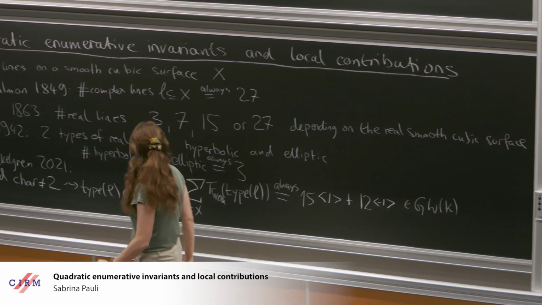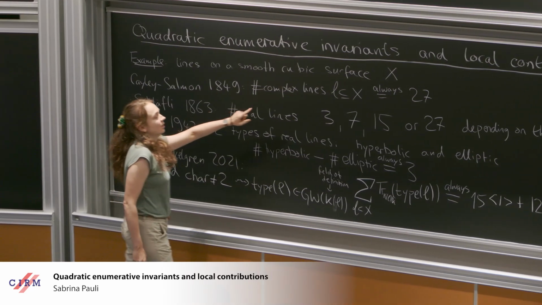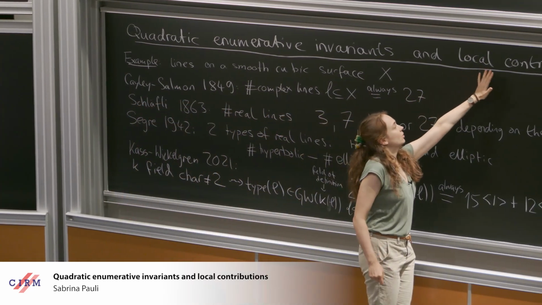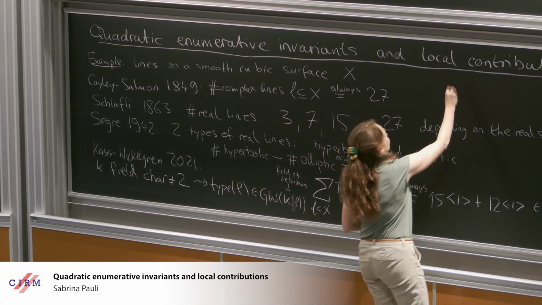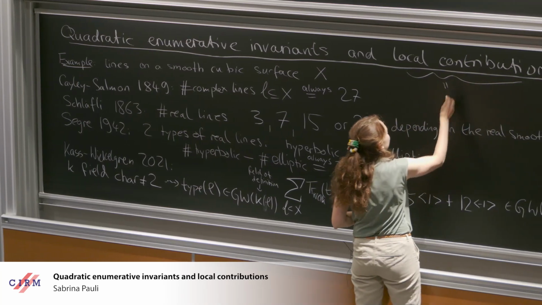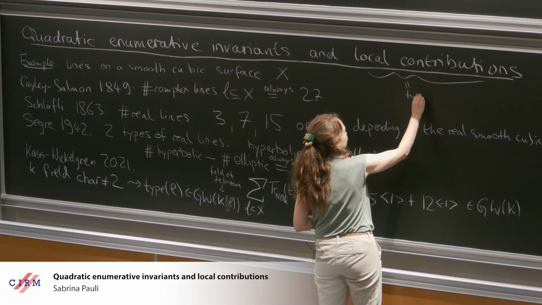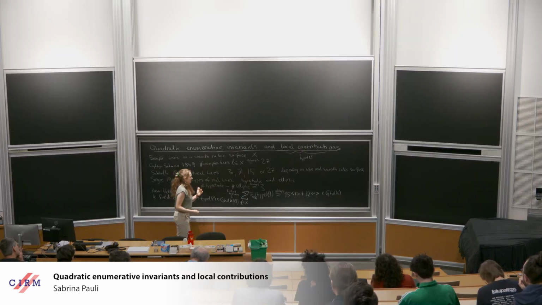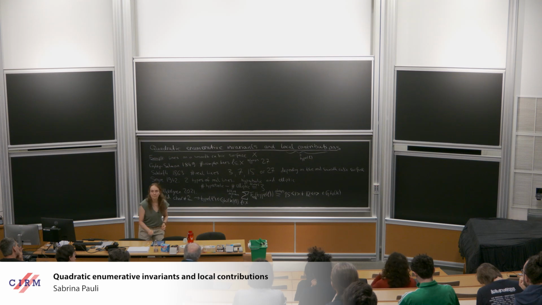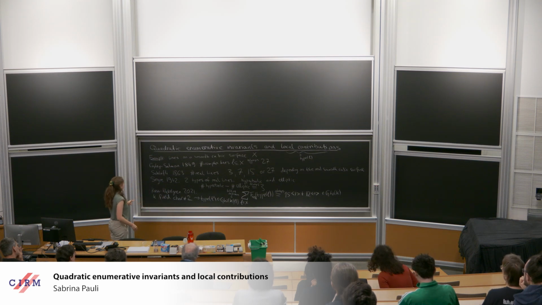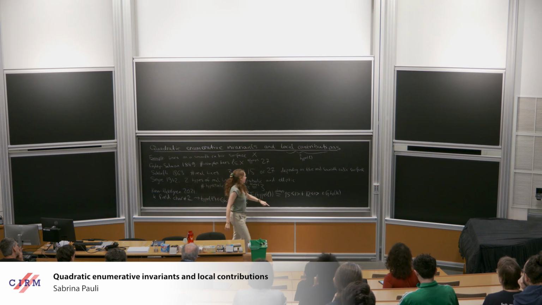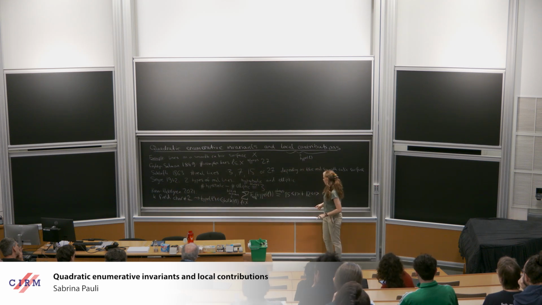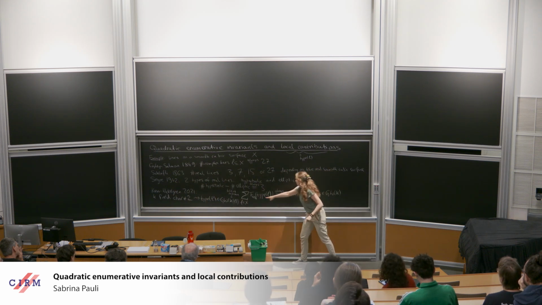So I want to do this. And then there's also something about local contributions. What do I mean by local contribution? In this case, I really mean the type of a line, and I'll explain to you geometrically what this type actually is. So that's for the second half of the talk. So that's the plan.